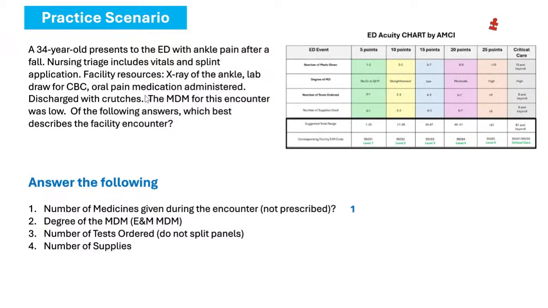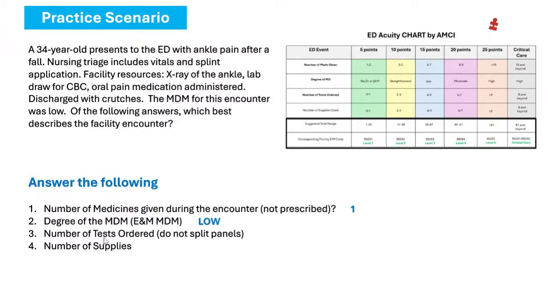Okay, well, I'm going to give you another opportunity. If you look at your documentation, the documentation says the medical decision making for this encounter was low. Low, right? So it's low.